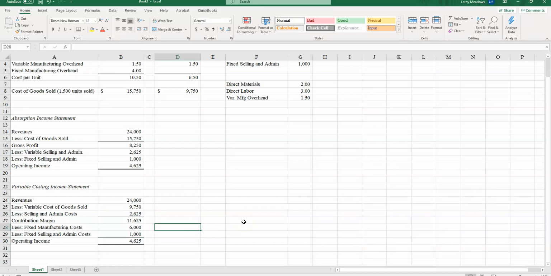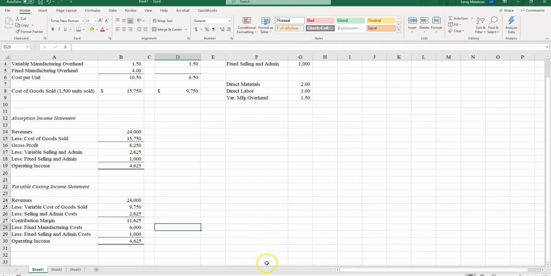So there's no change in inventory level. When there's no change in inventory level, or production is equal to sales, then our operating income is going to be the same. However, as we'll notice, our operating income will be different depending on the changes in inventory level.